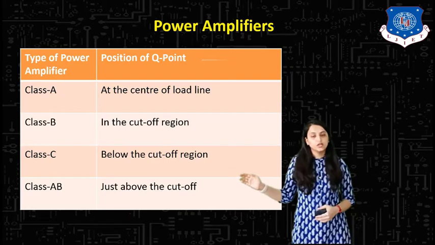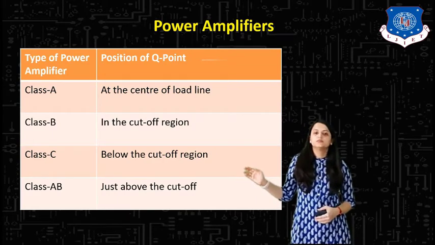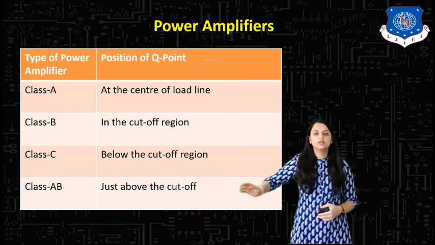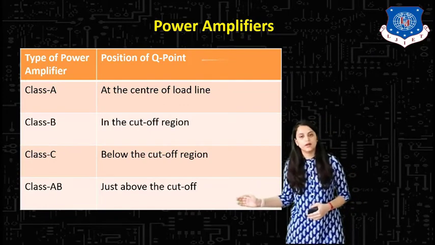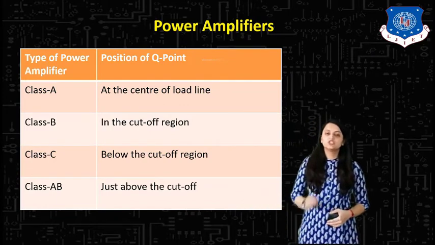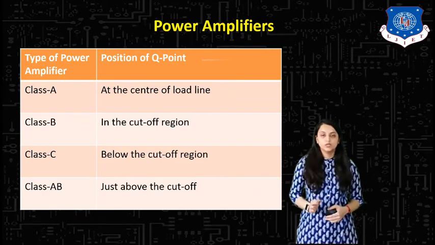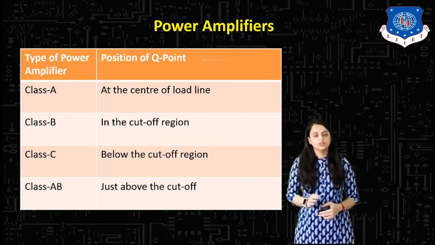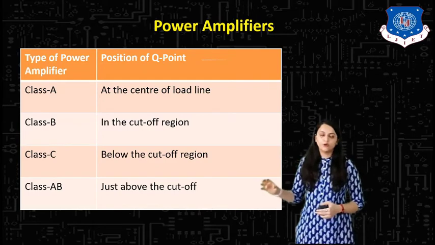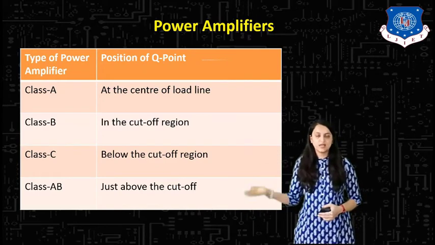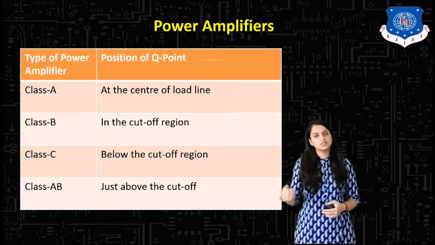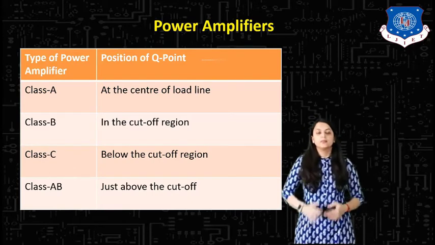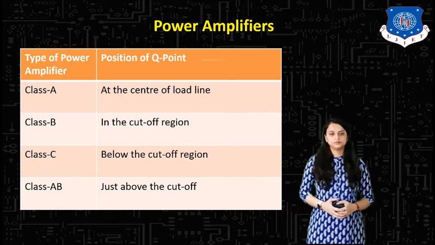If the Q point is adjusted below the cutoff region, then it will be the class C amplifier operation. And in class AB amplifier, the Q point is adjusted just above the cutoff. So based on the Q point position, the output waveform appears for the positive half cycle or 180 degree half cycle, 360 degree, or less than 360 and more than 180, likewise.